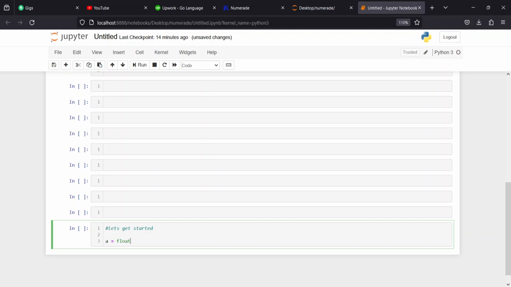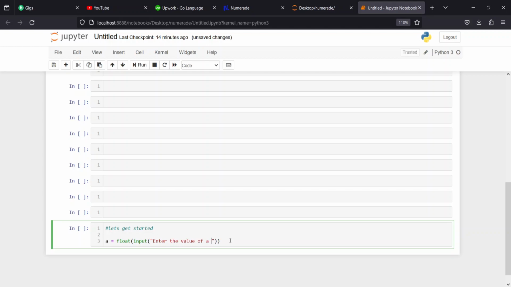By default the input function of Python assumes the input as a string, so we have to convert it to float. Then we have to write input, then the message, enter the value of a.